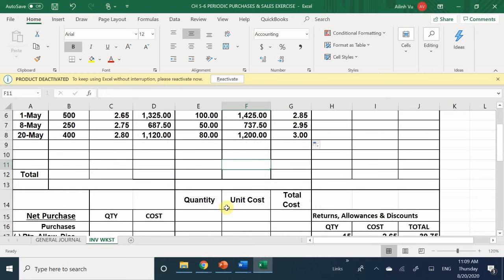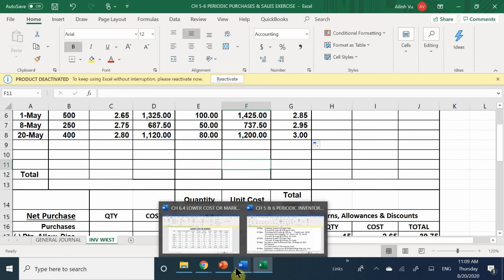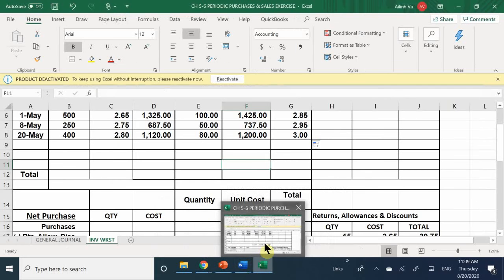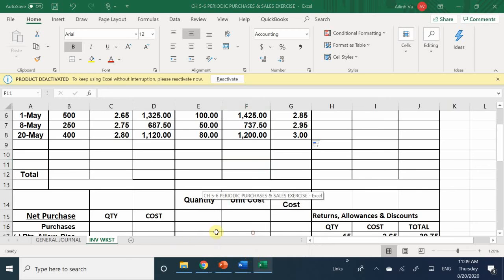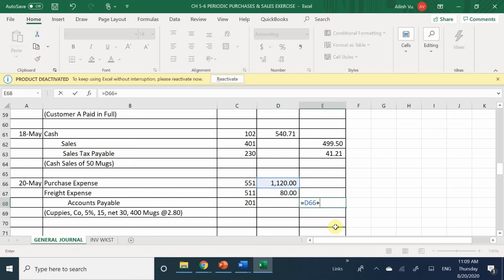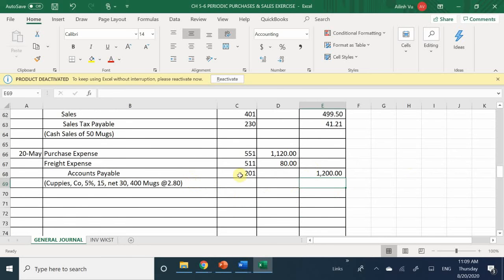Cool. Now let's journalize that. Here our total purchase price was 1,120, our freight was $80, which gave us a grand total of 1,200. Good.